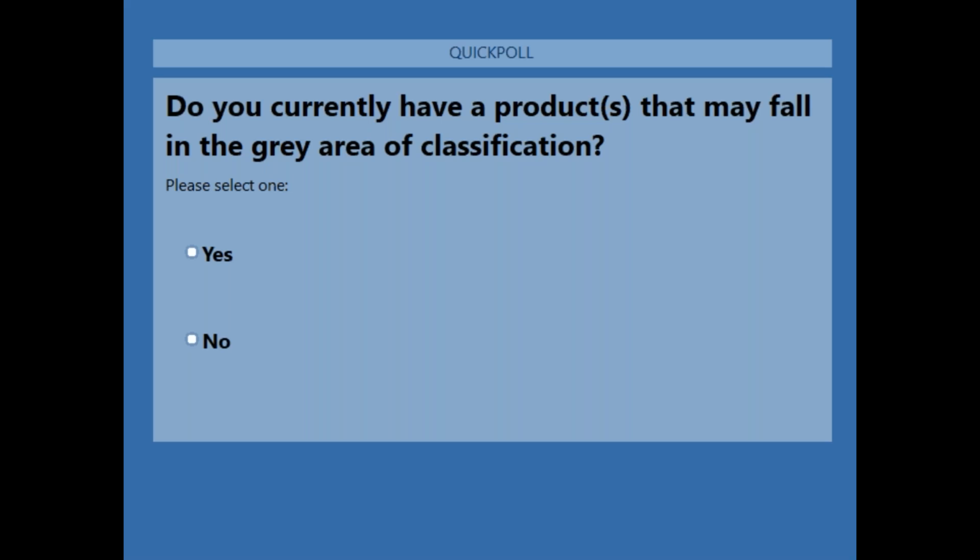All right, everyone, on your screen, you're going to see a quick poll question. Our question is, do you currently have products that may fall in the gray area of classification? If you could take a moment, I'll give everyone about 30 to 45 seconds to answer this yes or no question.